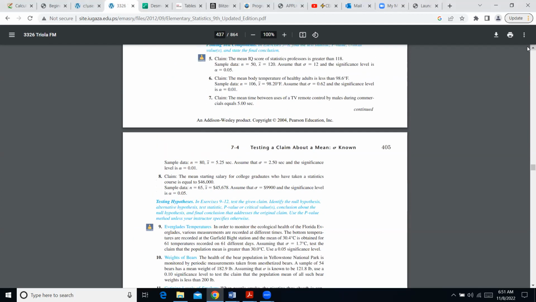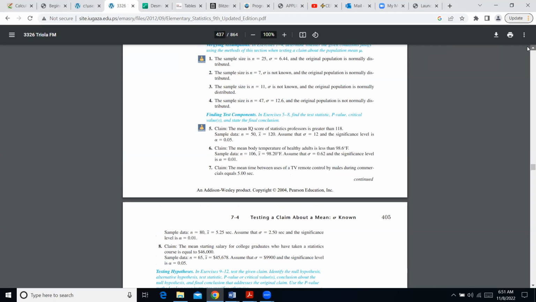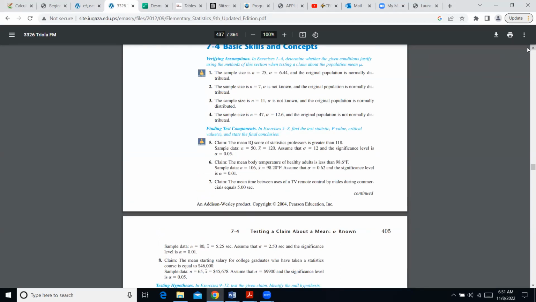So last time we had a little quiz, and the exercise I asked you to do was related to problem number 6, was it? I just wanted you to set up the little hypothesis there. It's talking about a claim that the temperature is less than some particular number.